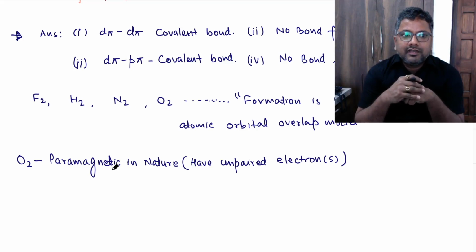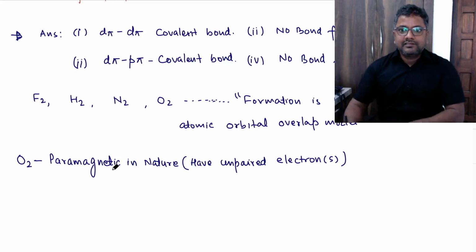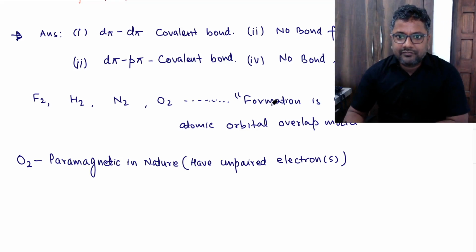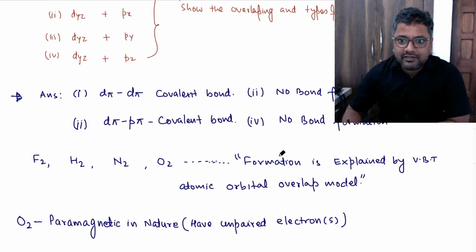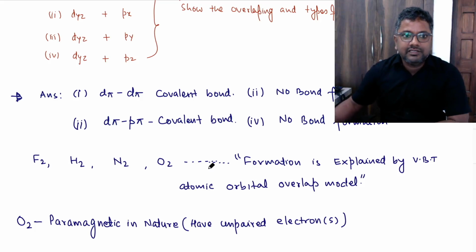Ultimately we use molecular orbital theory for simple molecules, which is able to explain this. But see, I have not written here all the properties of the molecule. I have written formation. Formation is explained by VBT, but not all the properties. So I think it is clear to all of you that VBT can explain the formation of these molecules.